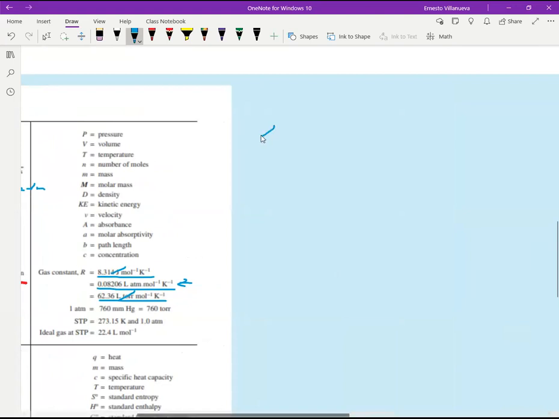The formula says that the pressure times the volume is equal to the amount of moles times the gas constant times temperature. I have to solve for pressure, so I'm going to bring over the V to the other side. The formula becomes pressure is equal to nRT divided by volume. That's my new formula because I'm solving for pressure.